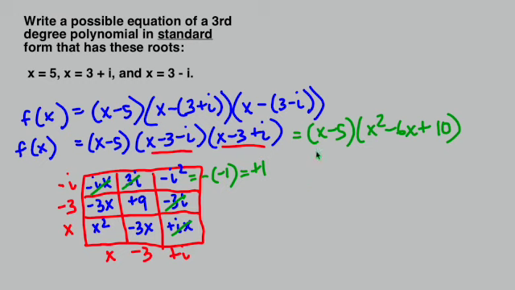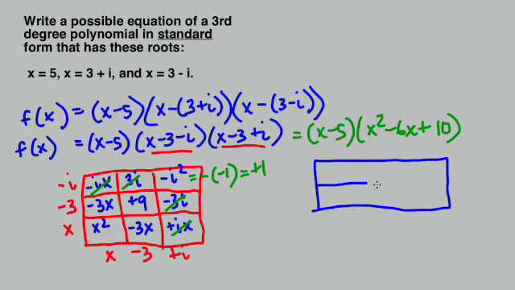And then finally, we're going to need to multiply all of this out. So I'm going to make another box. Here's my next box. Along the side, I'm going to write x minus 5, and along the bottom, I'm going to write x squared minus 6x plus 10.